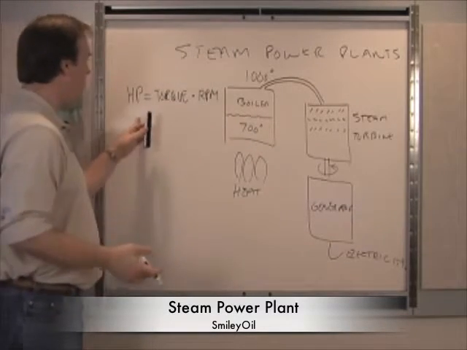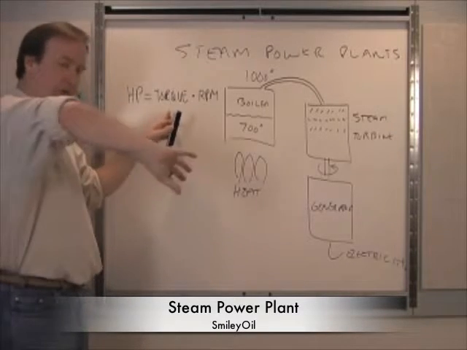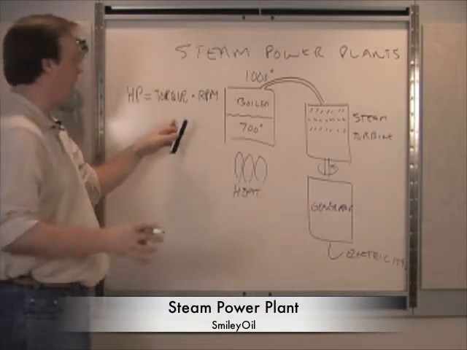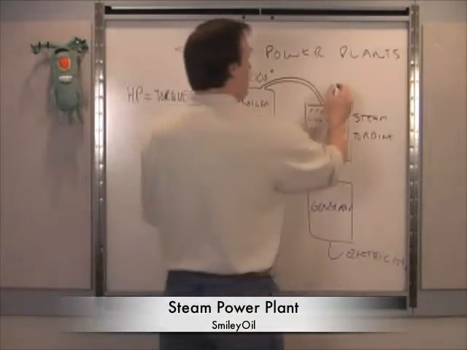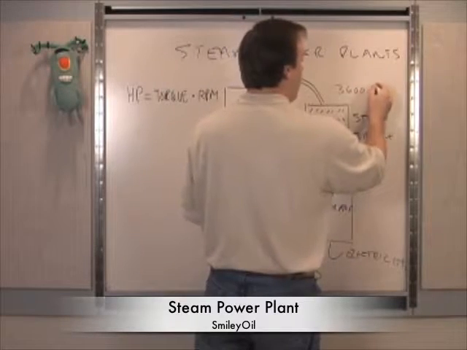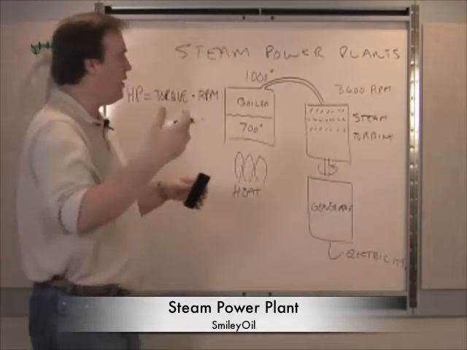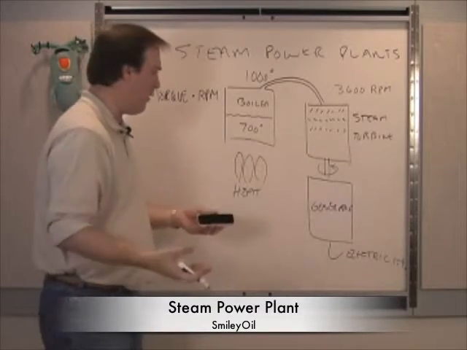Now, in rotation, we use a different equation, which is torque, which is force times distance. It's the desire to twist something, and it's times RPM. So we have 3,600 RPM here to drive the 60 hertz electricity that is in US power.